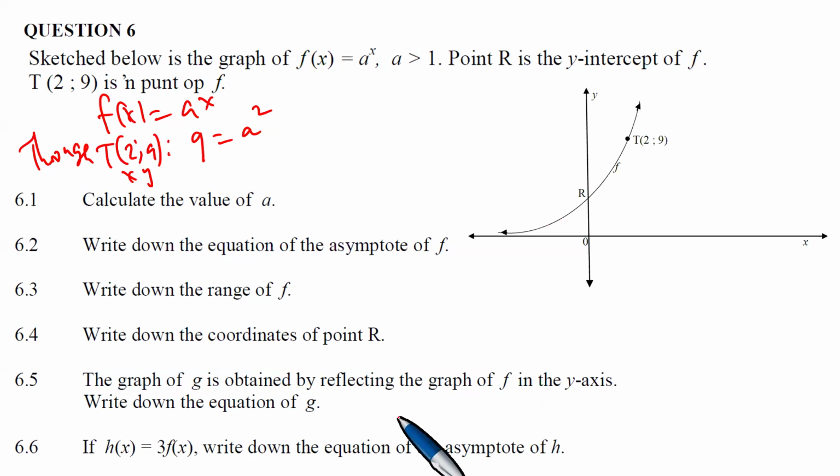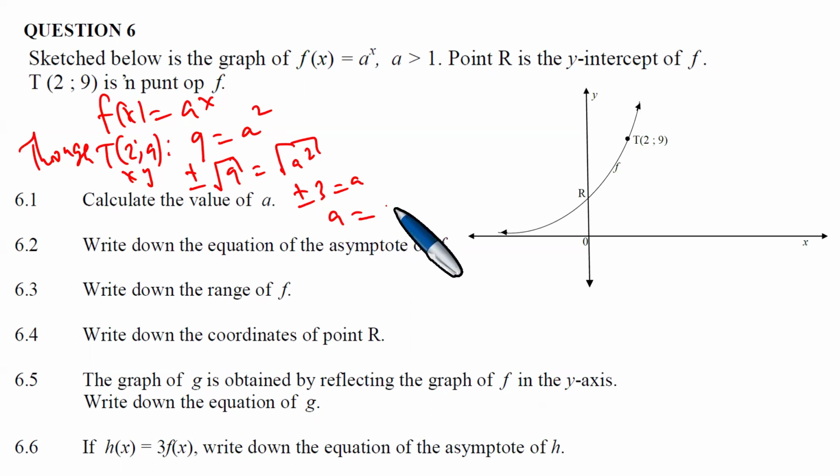And we want to find the numerical value of a. So now to find the numerical value of a, we can take the square root here. So ordinarily, in principle, we have 2 square roots. We have plus or minus the square root of 9, which is the square root of a squared, and this gives us plus or minus 3. It is a, which means that a is 3.